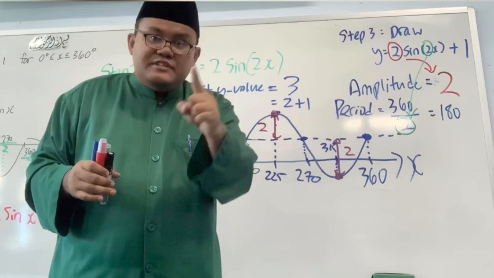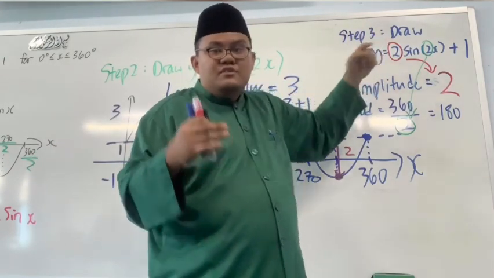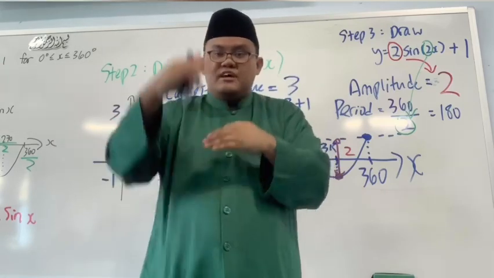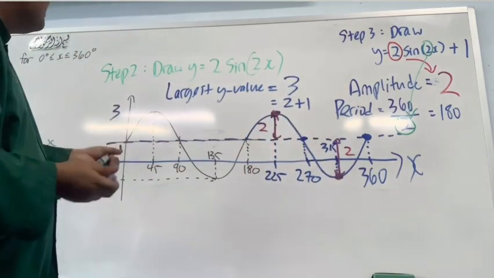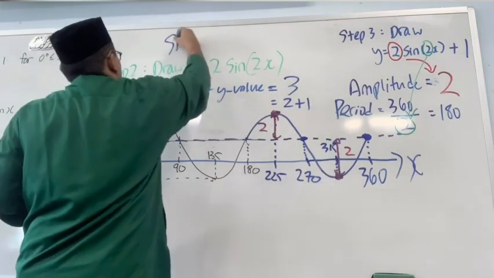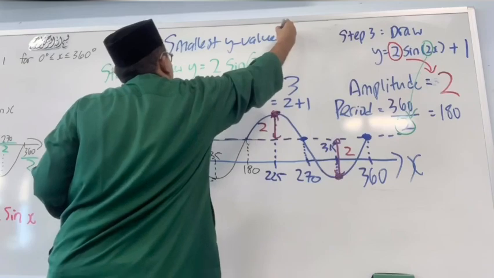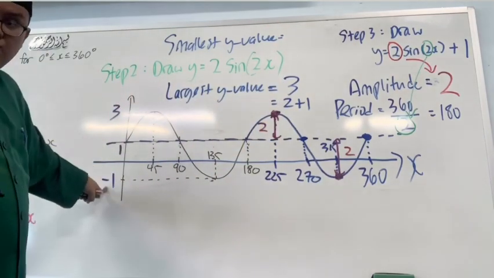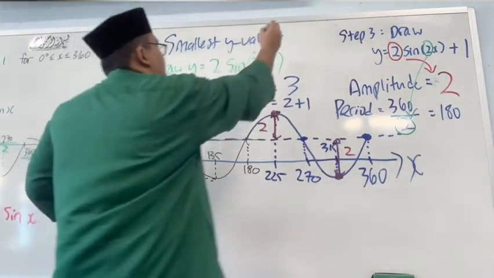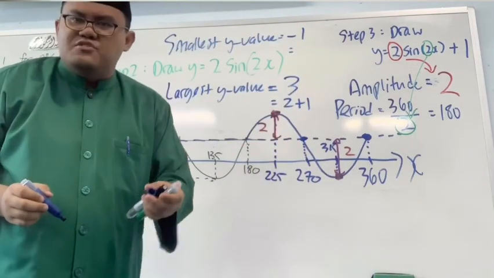Recall, what does a negative number do to your graph? It flips. Okay, last one. The smallest y value, minus 1. How do you think I get minus 1 from the equation?